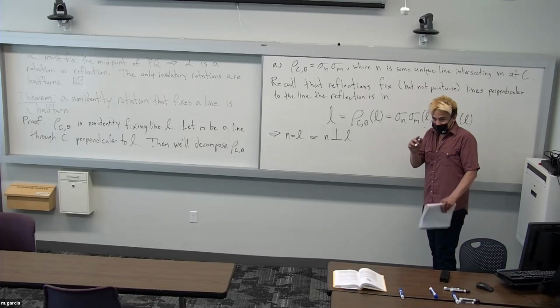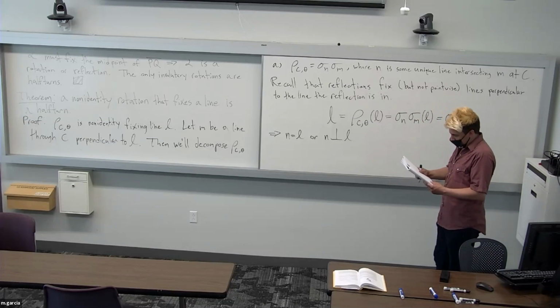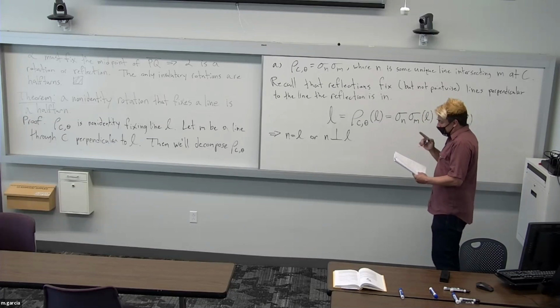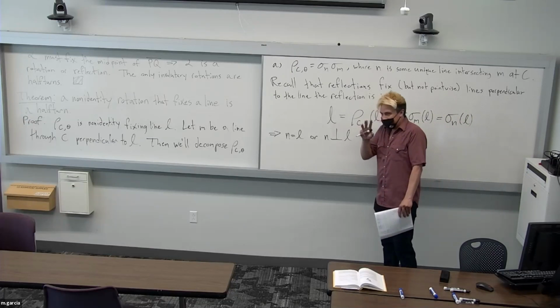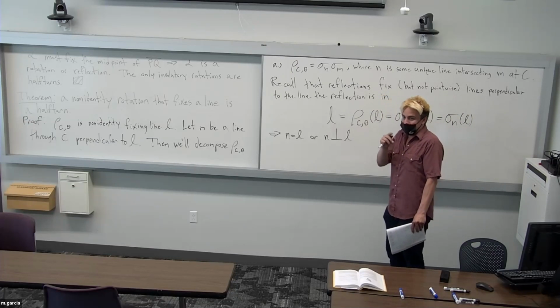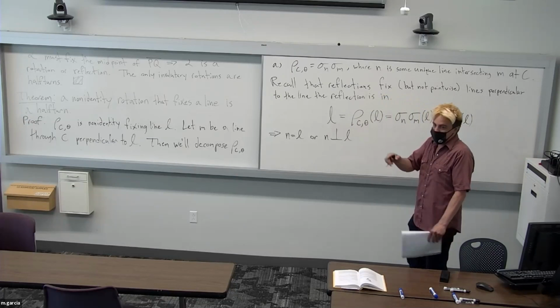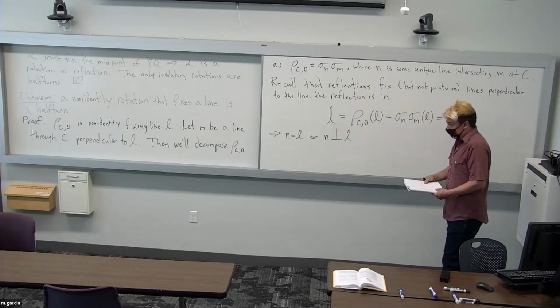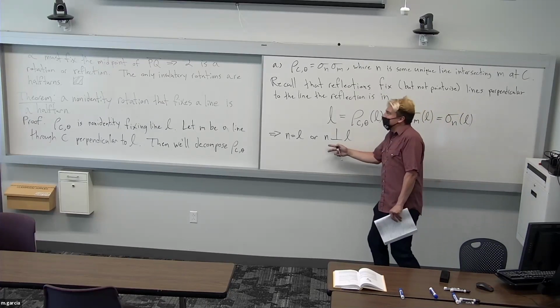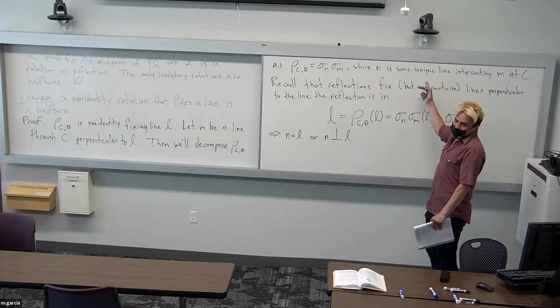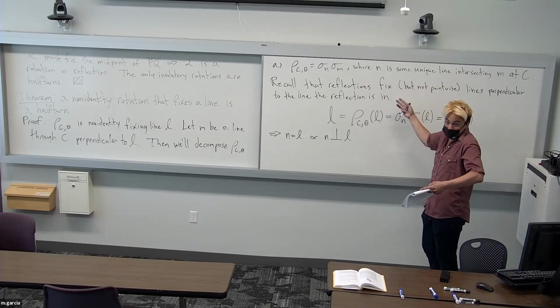Why is that? If they're both perpendicular to L, it can't be a rotation. If they're both perpendicular, they can't be intersecting lines which are not the same.